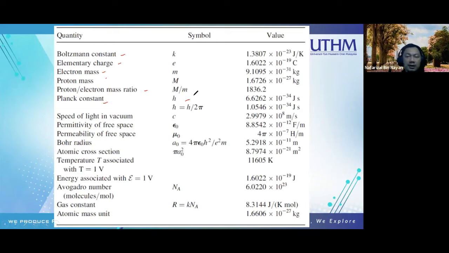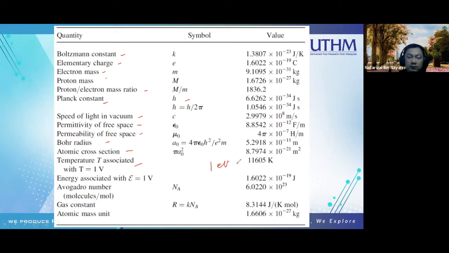I think you guys use this in a lot of your subjects. Speed of light in a vacuum. Permittivity in free space, permeability in free space, Bohr radius, atomic cross section, temperature for 1 eV. So this is for 1 eV.